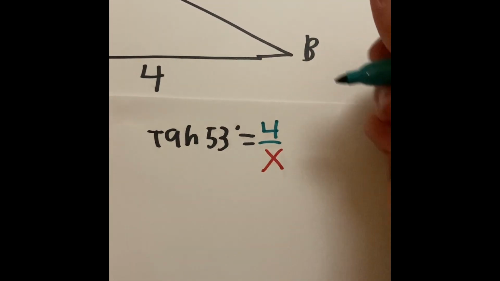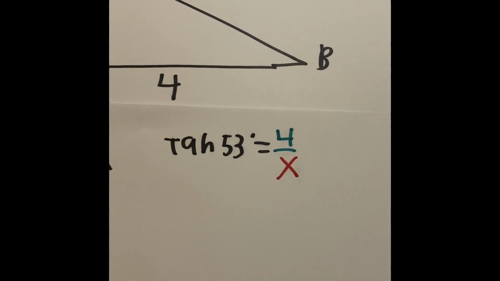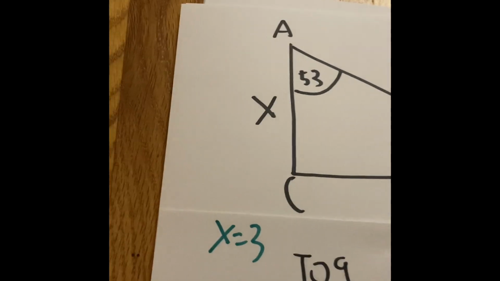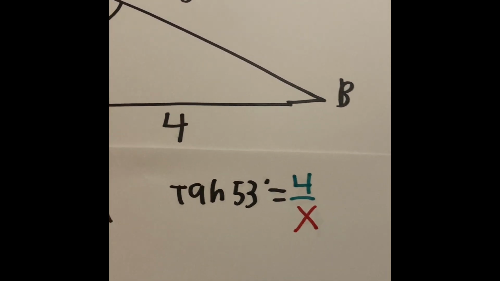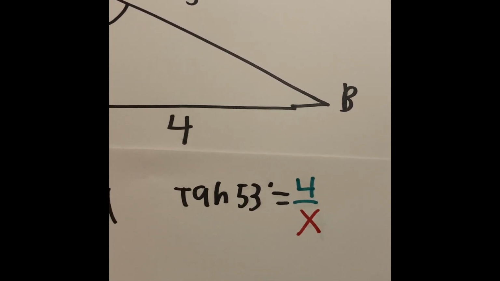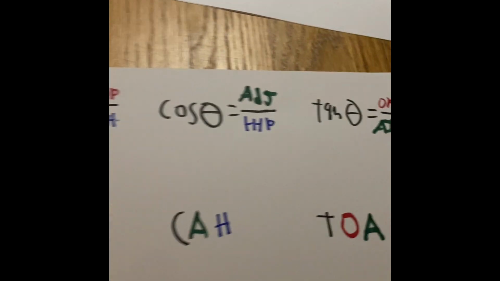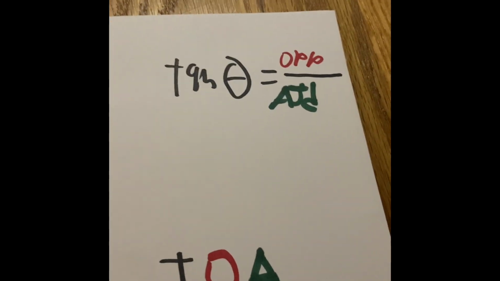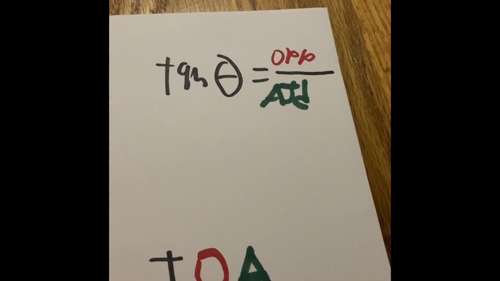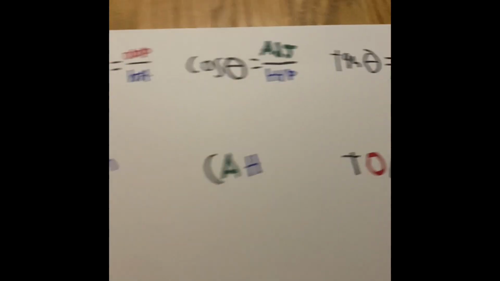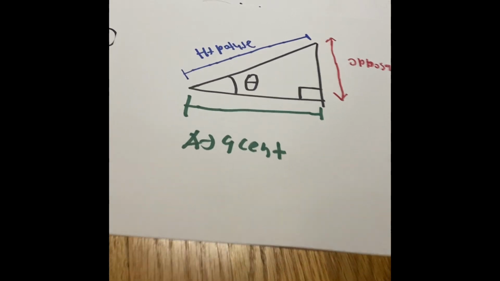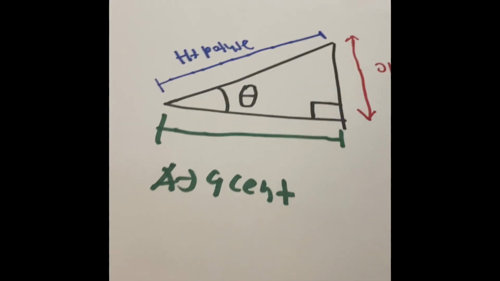But that makes no sense, because x represents the opposite, and 4 represents the adjacent. So we're saying adjacent divided by opposite. Well, the tangent says opposite divided by adjacent, and the theta represents the degrees inside the right triangle.